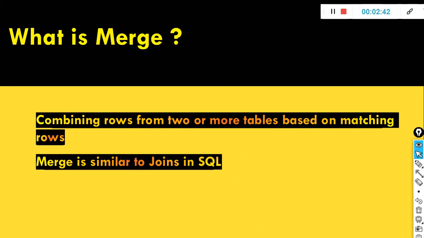You need to have a common column between the two tables or more than two tables. Supposing you want to merge two or three tables, for all the three tables you need to have the common column. Without a common column amongst the tables, you cannot combine them together. So you need to remember this one.